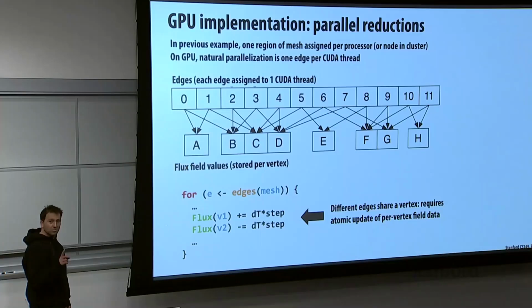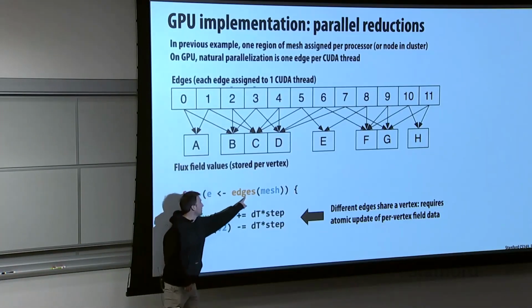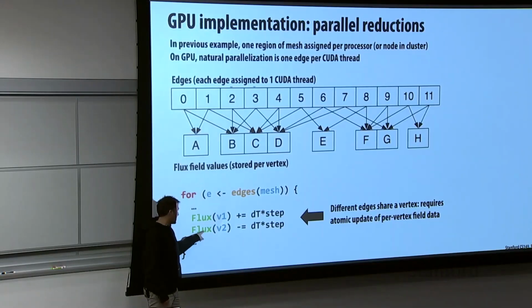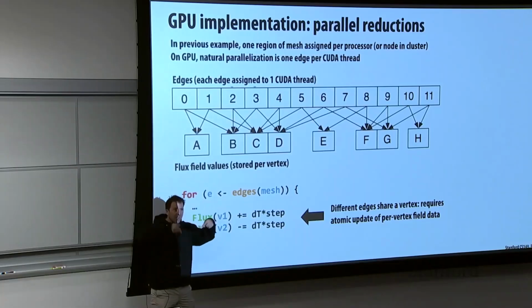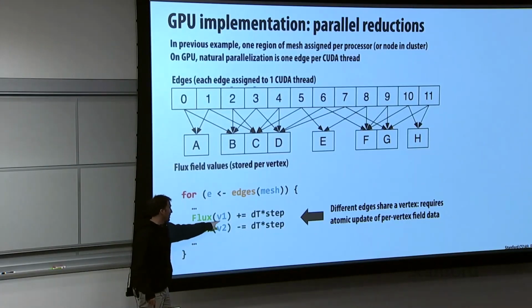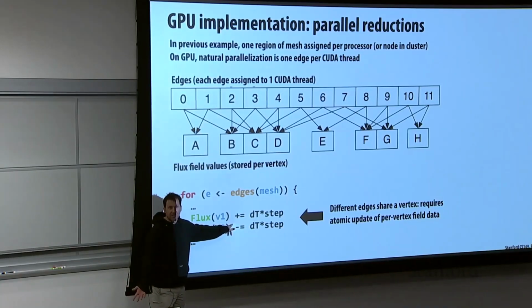But there was this problem where for every edge in the mesh, we write some value to the vertex on one side of the edge and to the other. So we have multiple threads that have to write the same value. One solution would be to make this write an atomic write, so the compiler could just emit that.